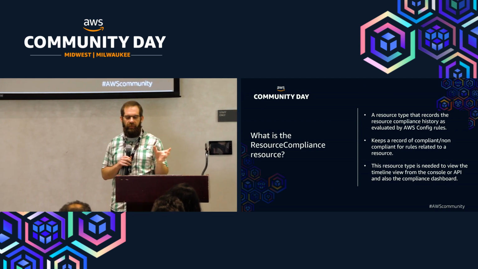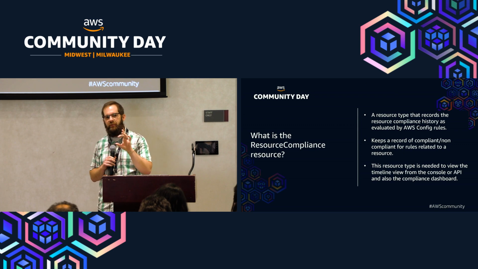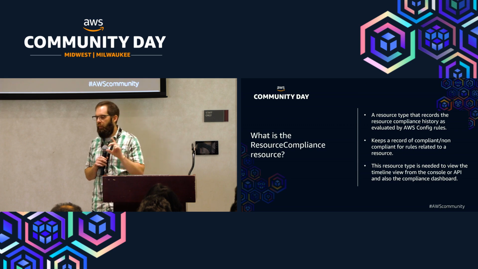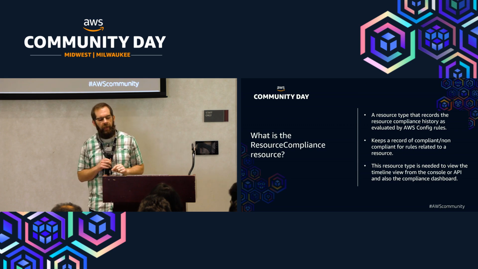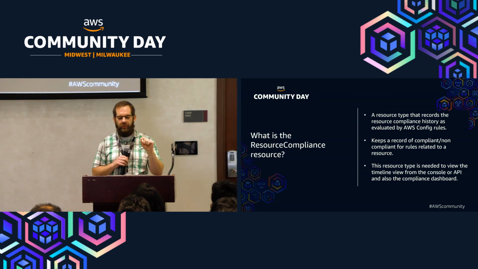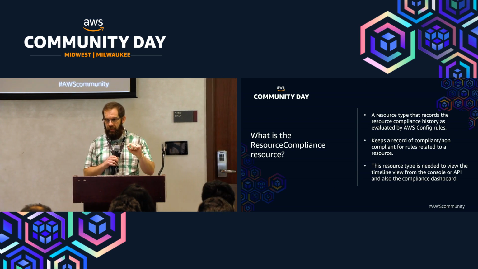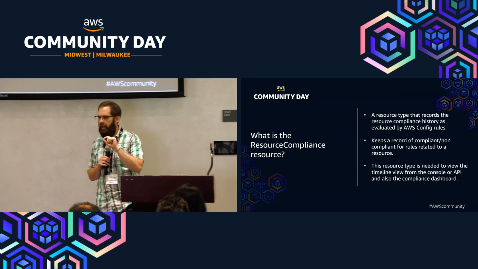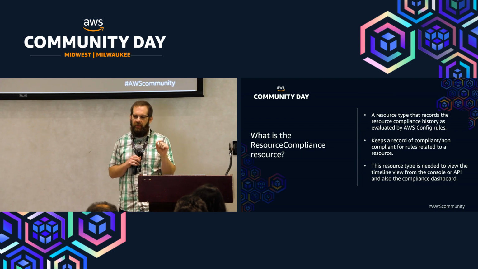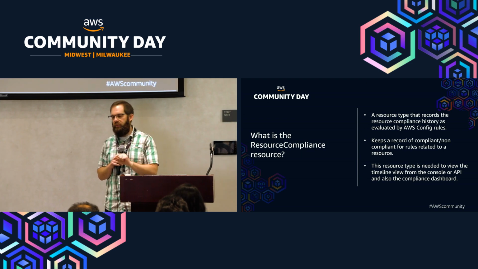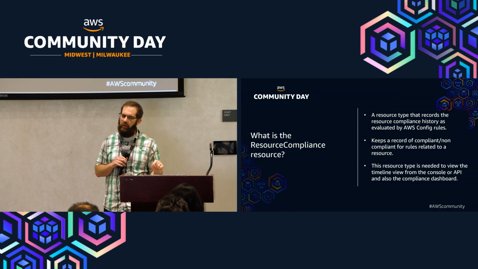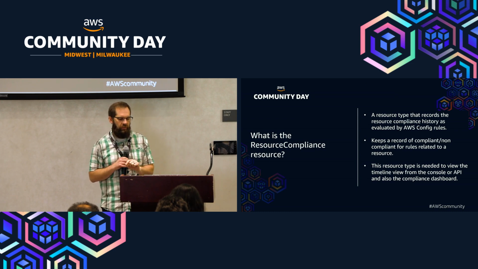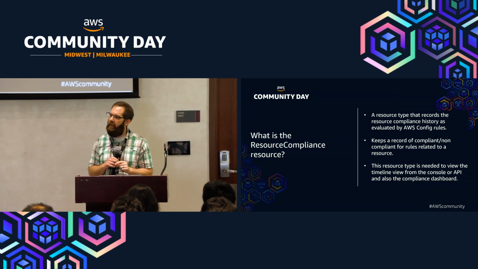Within Config, there is a history view. If you're in an individual account, there's a history view that shows the changes to one particular resource over time. The resource compliance resource type is what is used to keep track of that. So every time my resource changes, I'm recording the state change, but I'm also recording the resource compliance of that resource at the same time.